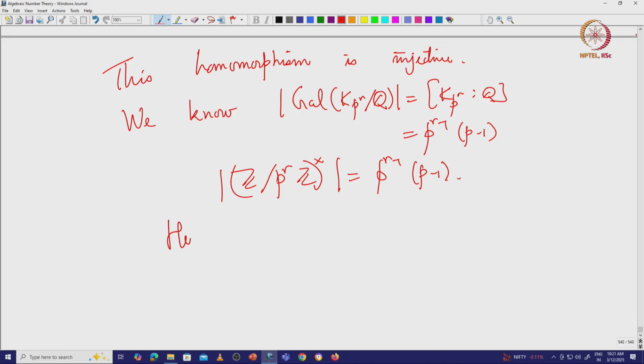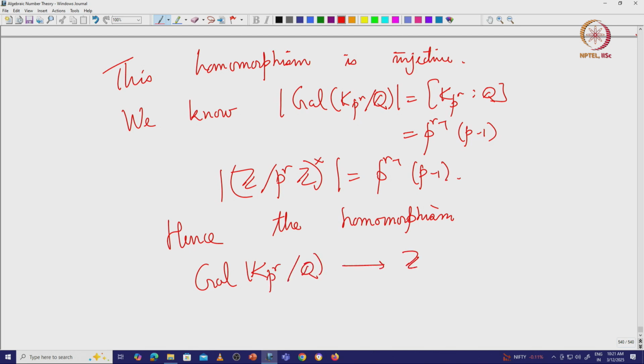Hence, the homomorphism from the Galois group of K p to the r over Q into Z mod p to the r Z cross is an isomorphism. So, this was the last part of the theorem. We still have to prove a few more parts, but we are not proving it one by one or in the right order anyway.